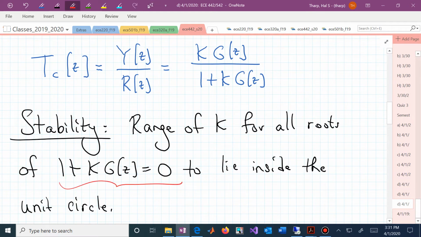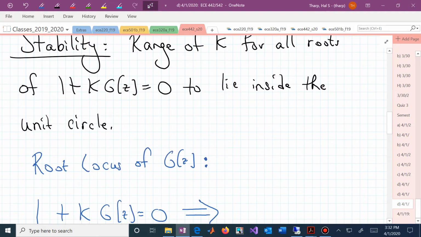We want to know, are there values of K that allow the roots of this characteristic equation to simultaneously have magnitude less than 1, or be inside the unit circle? And if that's the case, then those values of K would produce a stable closed loop system.